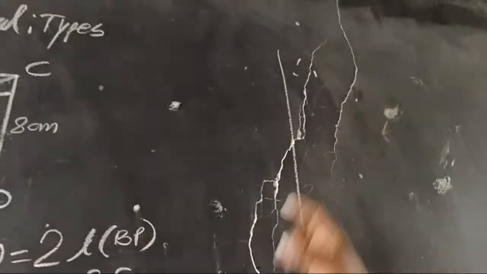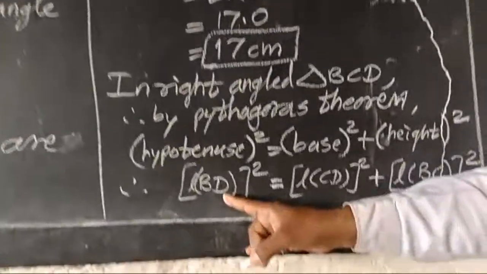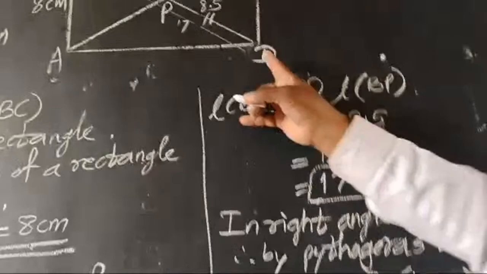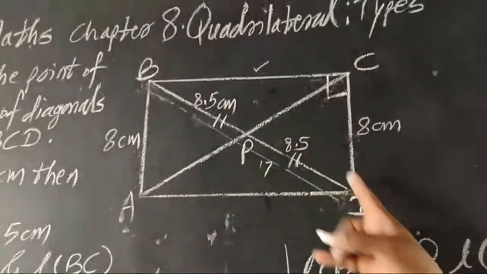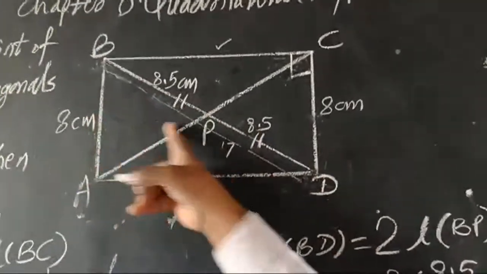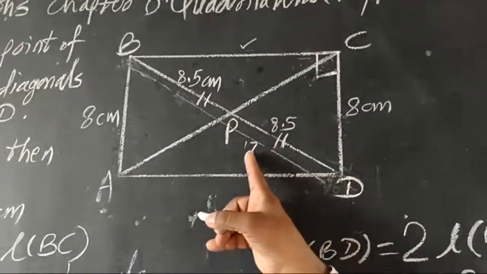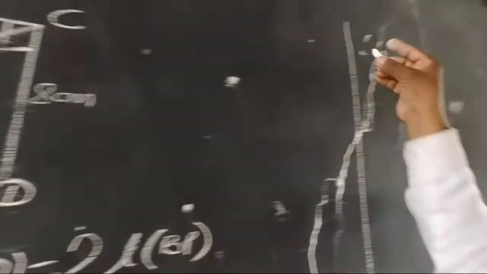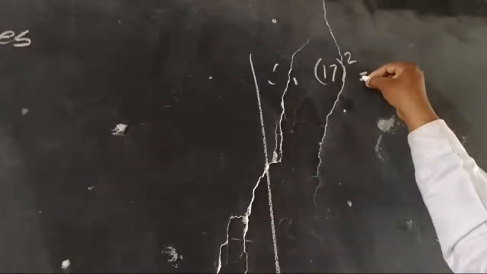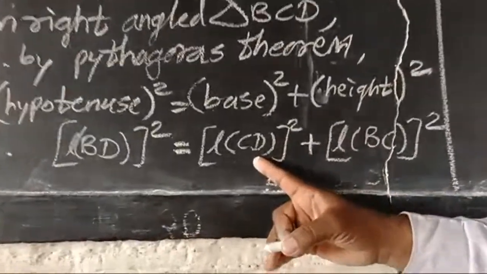Length BD, its value is 17. We write here 17 and its square is equal to length CD square.